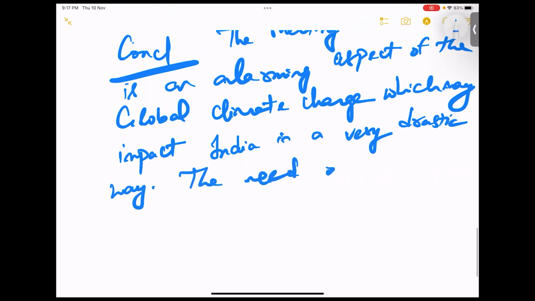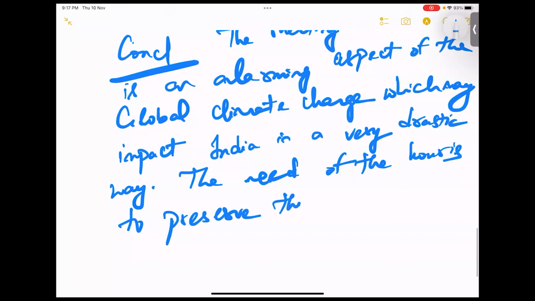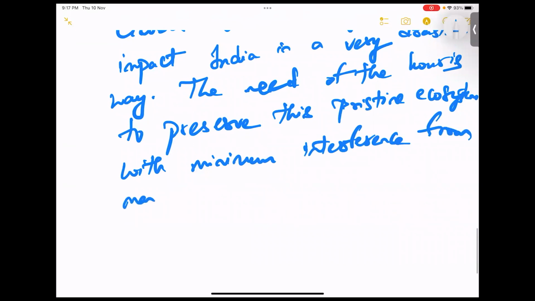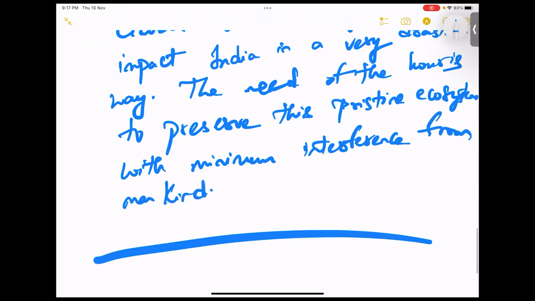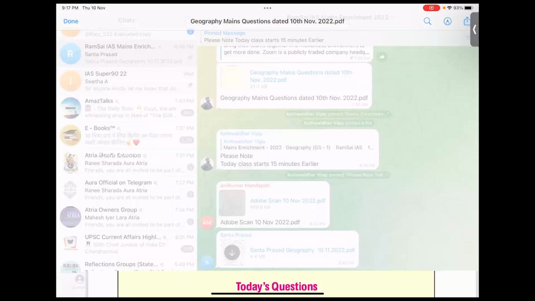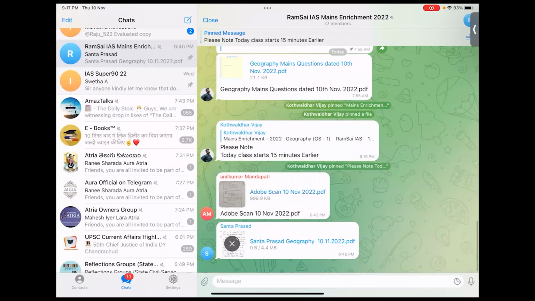The need of the hour is to preserve this pristine ecosystem with minimum interference from mankind. Clear? Is it clear, everyone?